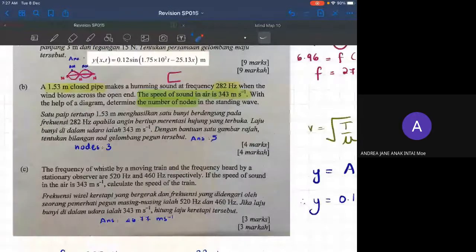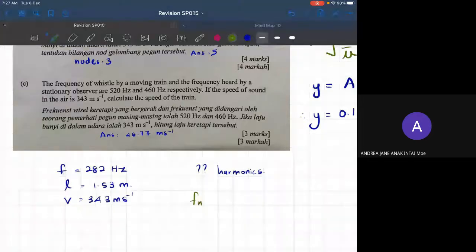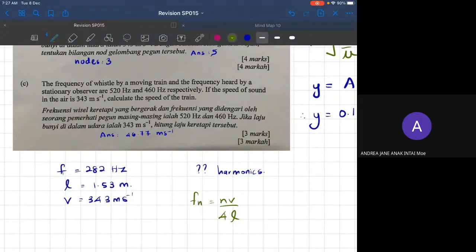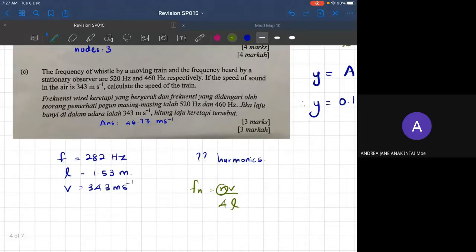But it's okay, we just put it there, if you tak tahu nak buat apa lagi. So Fn is equals to NV over 4L. Okay. Oh, so maksudnya kita boleh cari N dekat sini kan. Kenapa kita nak cari N? Nanti saja. So kita ada 282. Okay. And then kita masuklah N tu tak tahu kan. N tu berapa. And then V kita sama dengan 343.